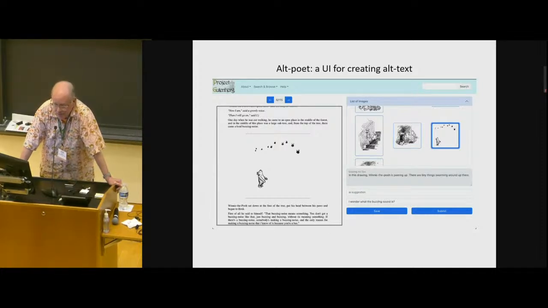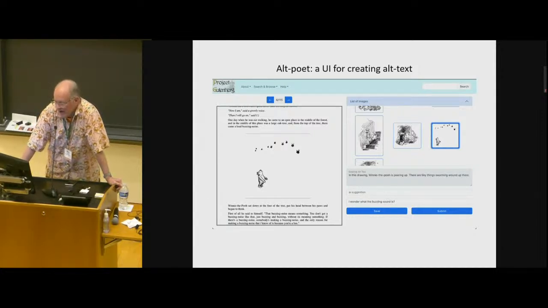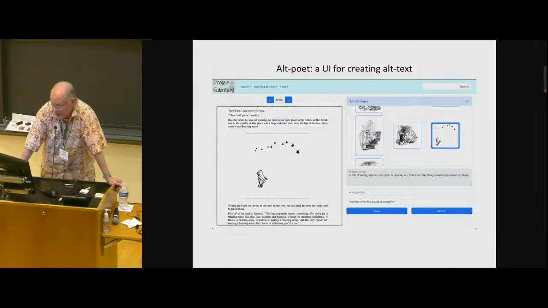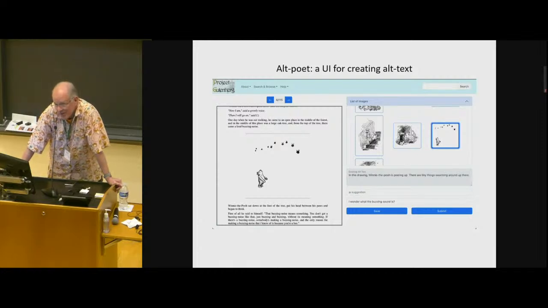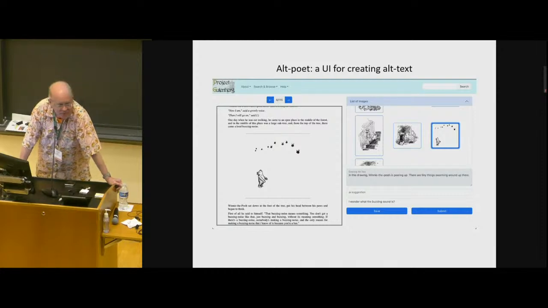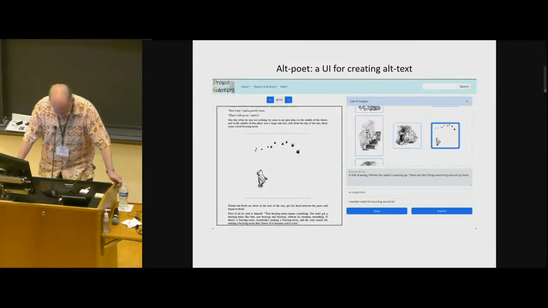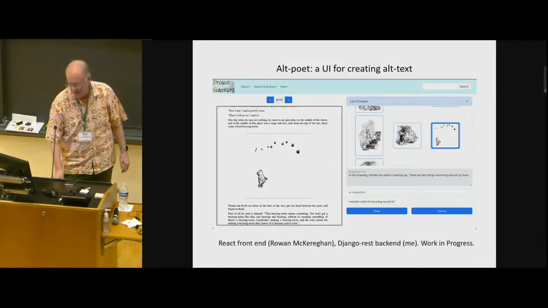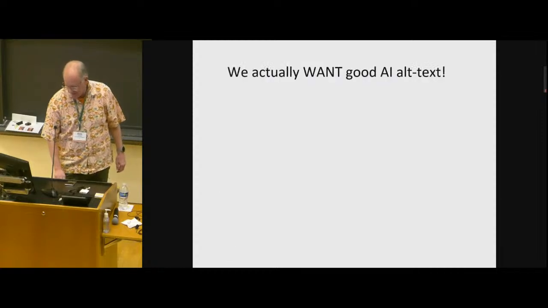That's Pooh looking up at a bunch of what we now know are bees. And on the right we can navigate through the different pictures in the book and review AI suggestions if you want, and pick the right one out. And this is a work in process. I'm out of time. Okay, let's go on.